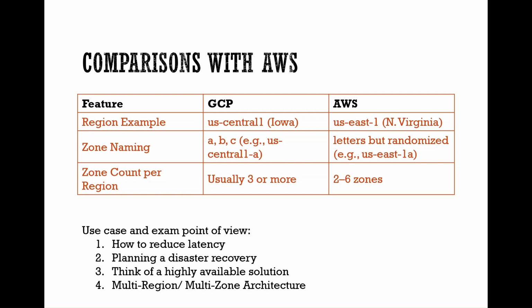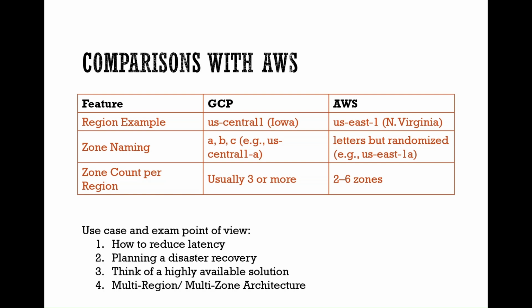As I mentioned, I will also cover some cases and exam point of view things. Maybe you will be asked questions like how to reduce latency. You can design a more robust infrastructure, which could lead to placing your applications very carefully in zones and regions, so that any call does not take much time to give you a response.